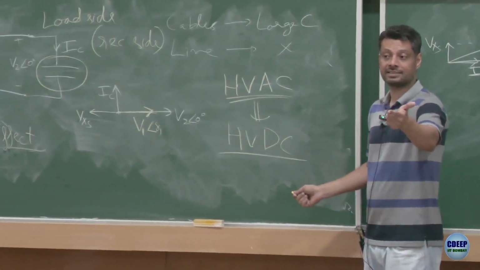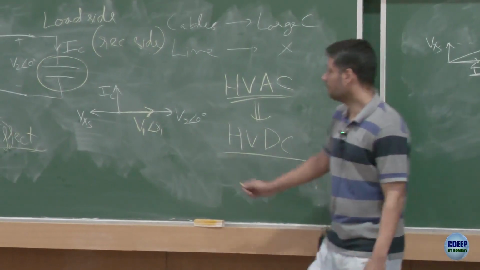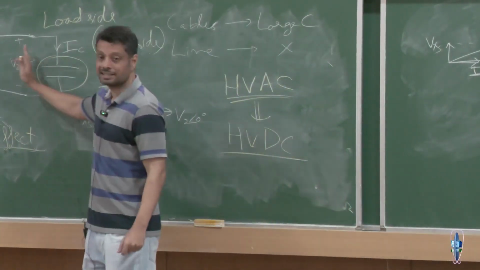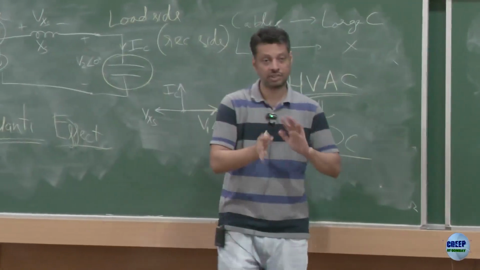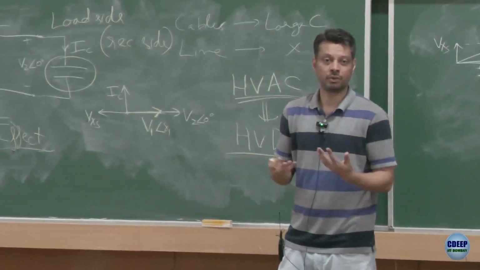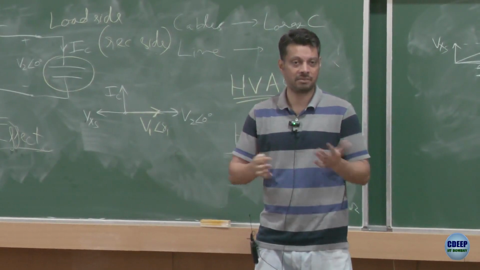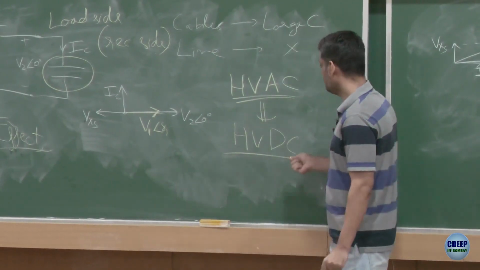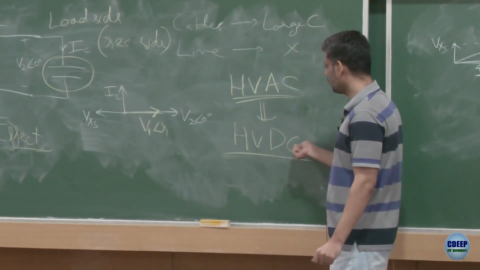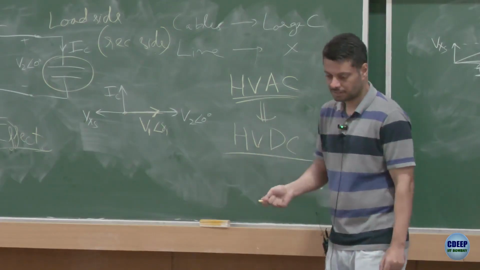Otherwise, you can use FACTS. You can have some sort of inductor connected in parallel through switches and actively control. Then the question is which is cheaper and which is expensive, and finally you take a call. But for very high voltage, long distance transmission, people prefer HVDC.